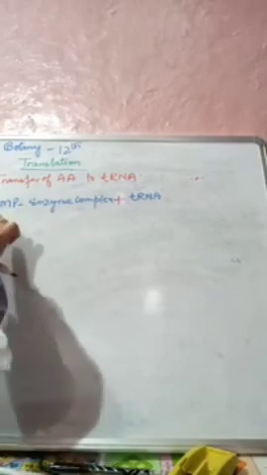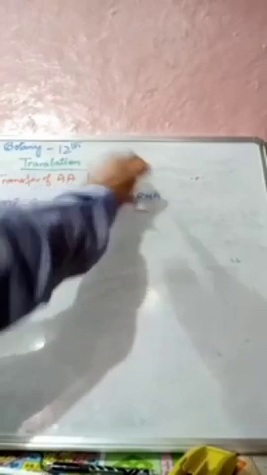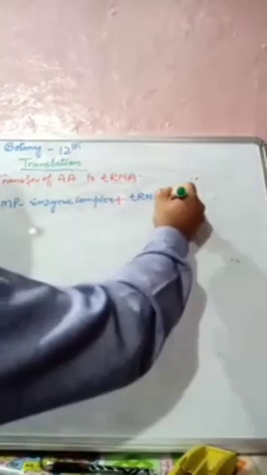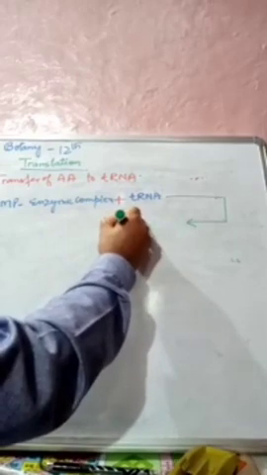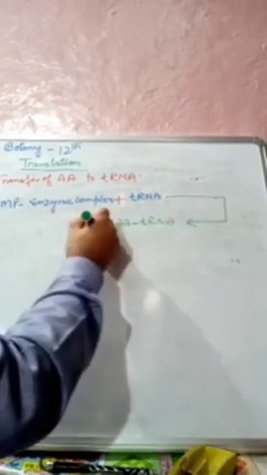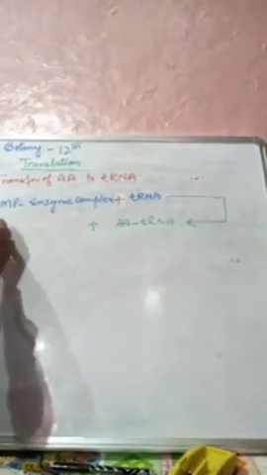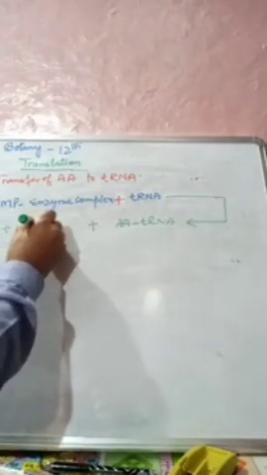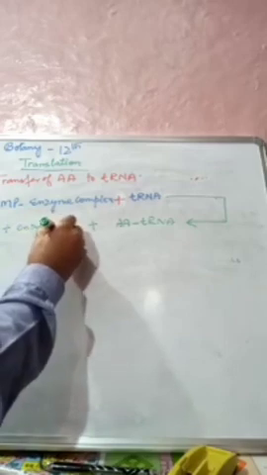Now the amino acid is transferred to this tRNA. So what we will get is a reaction like this. Our reaction will be like this: this amino acid, with this it will be AA-tRNA plus AMP plus enzyme complex.